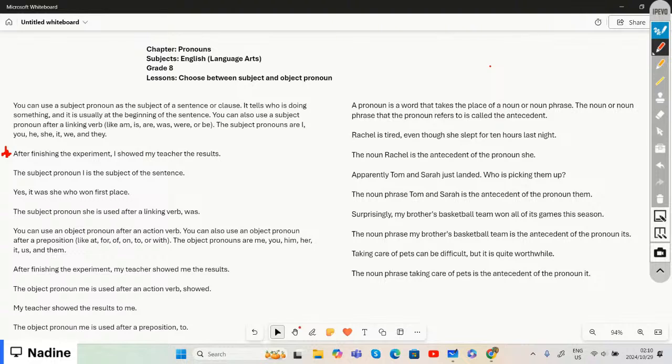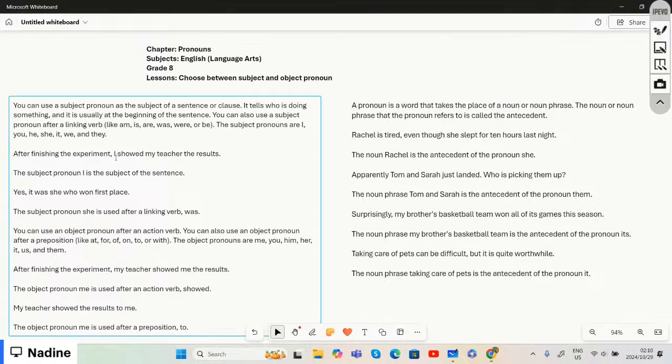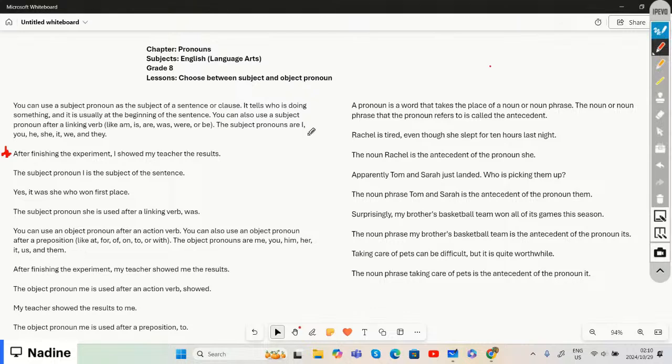If we look at that specific sentence, our pronoun within the sentence is I. So I is the subject pronoun.